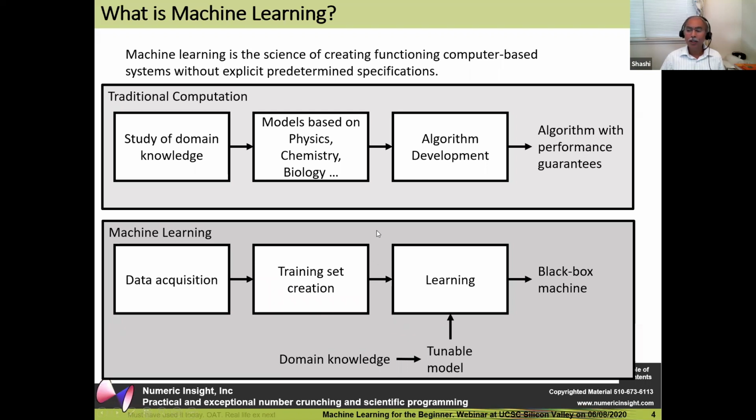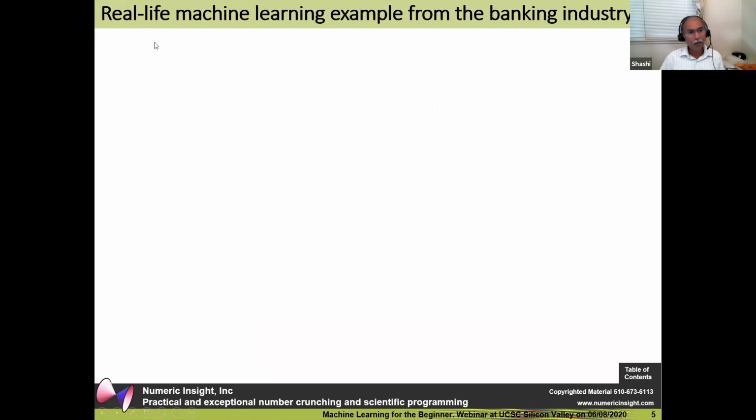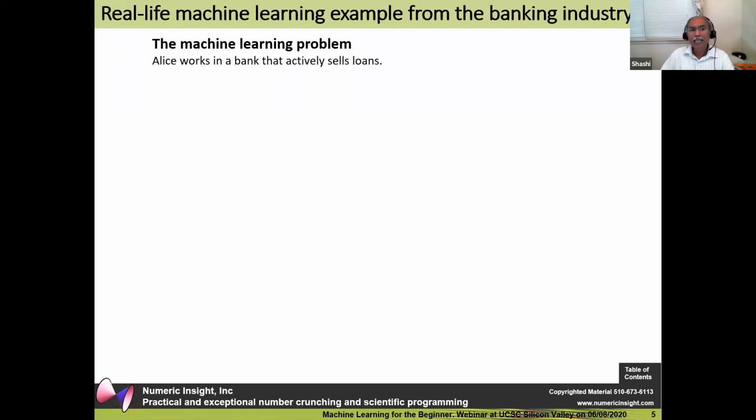So let us take a look at a real life machine learning example from the banking industry. Now, here is a machine learning problem. Alice works in a bank that actively sells loans. She needs to meet her daily sales quota.